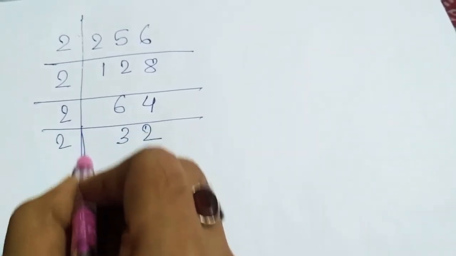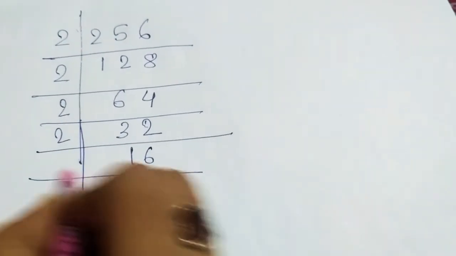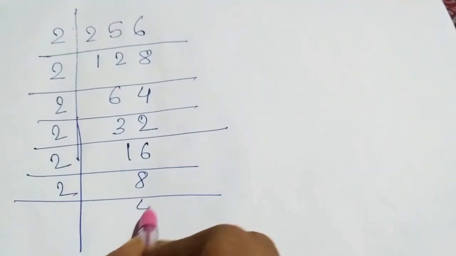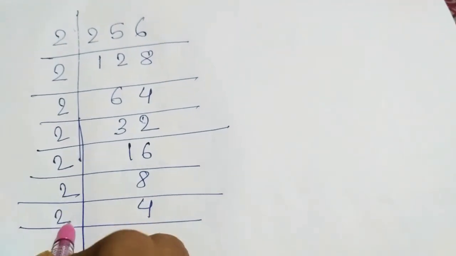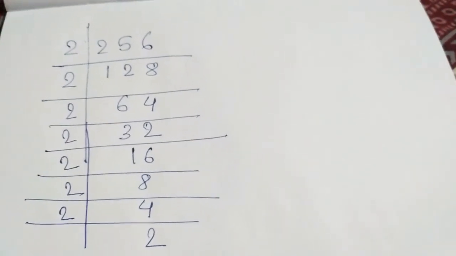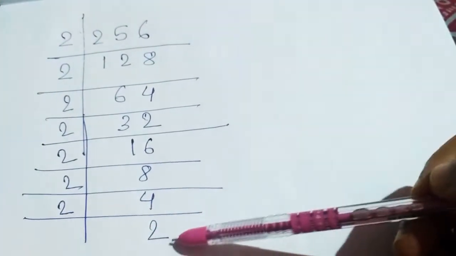Next 2, 16, next 2, 8, next 2, 4, next 2, 2. Okay, so you can see here all 2's are factors of 256.